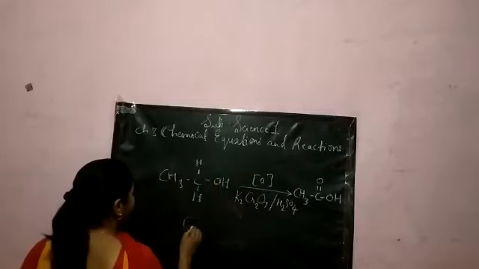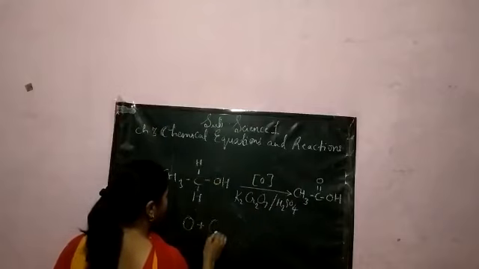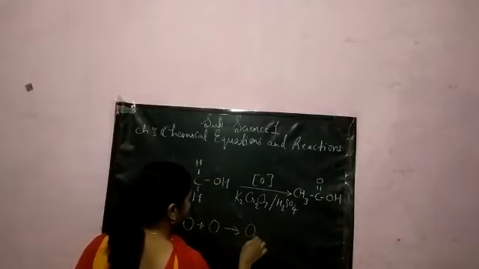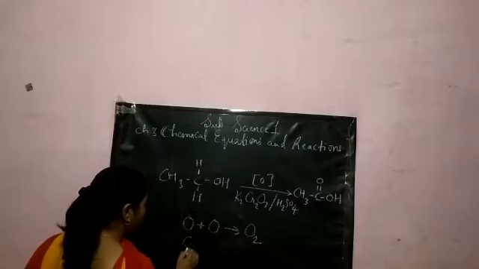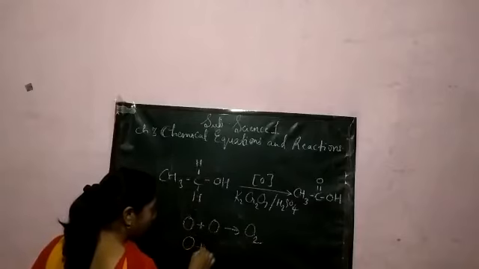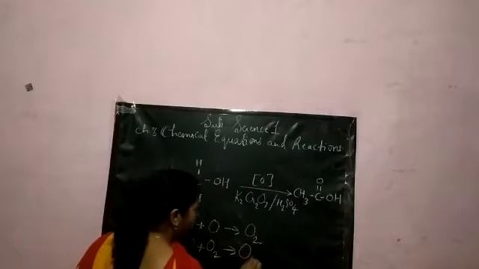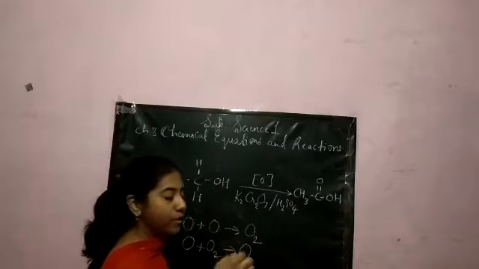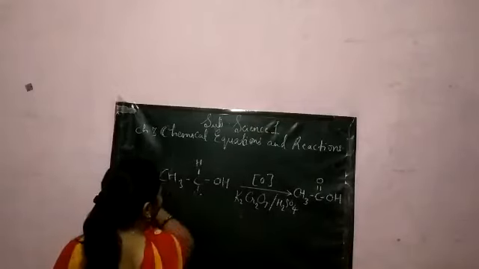For the formation of oxygen molecule, this nascent oxygen plays a very important role. For formation of ozone, this nascent oxygen should be there, and then it will result in the formation of O3. This is ozone gas which is present between the stratosphere and the troposphere, and which protects us from harmful UV rays of the sun.